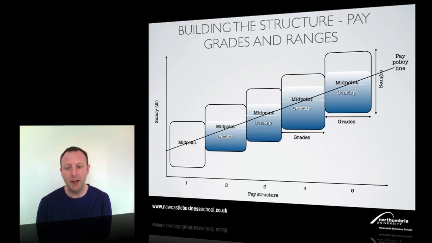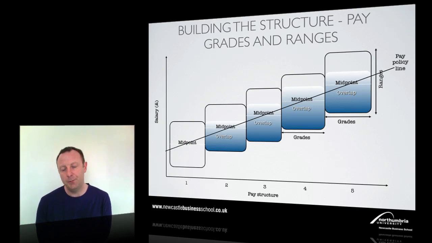So we can play around with these features, particularly with the width of grade and with the scope of the pay range, particularly determined by our pay policy choices that we've been talking about.